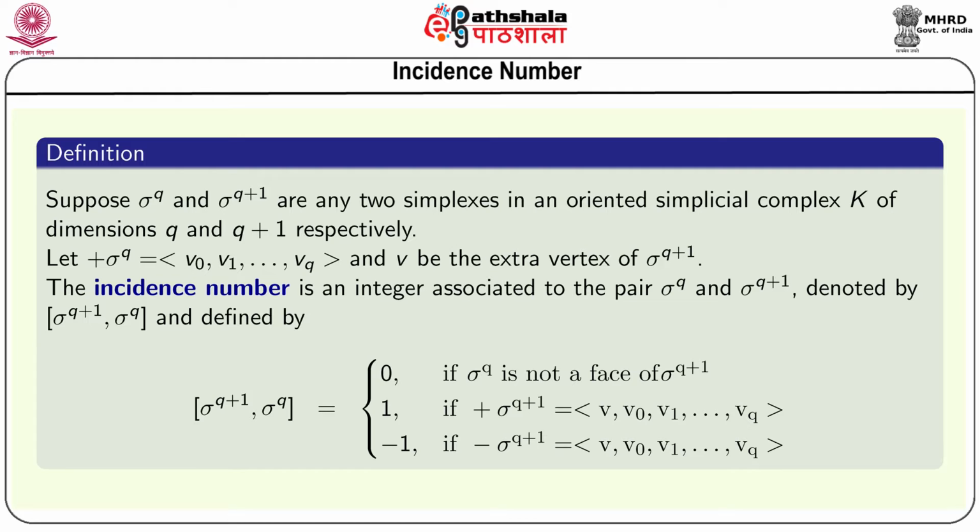Now, if sigma q is the simplex V0 to Vq and we denote plus sigma q by V0 to Vq, and V is the extra vertex of sigma q plus 1 over sigma q, then putting V in front of V0, V1, up to Vq, if we obtain sigma q plus 1 as positive, then the value of the incidence number is 1, and if putting V in front of V0, V1, up to Vq, we get negative sigma q plus 1, then the value of the incidence number is minus 1.